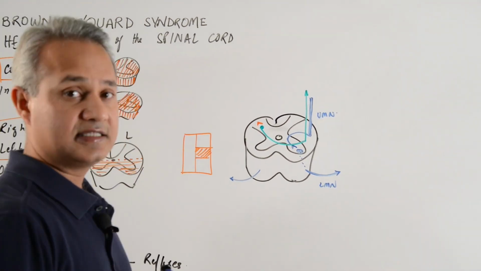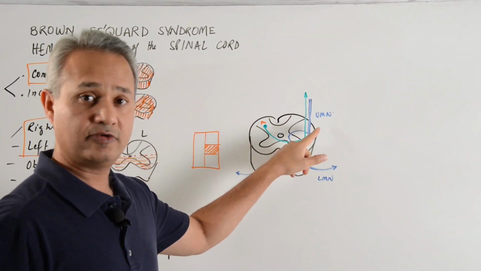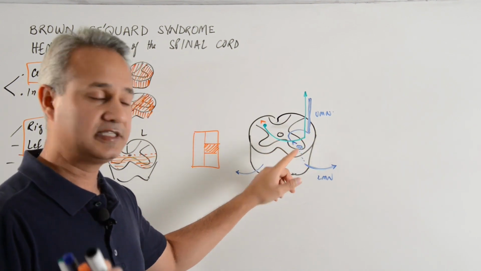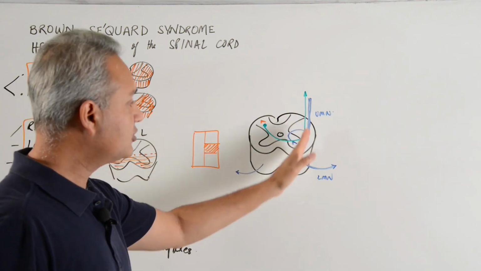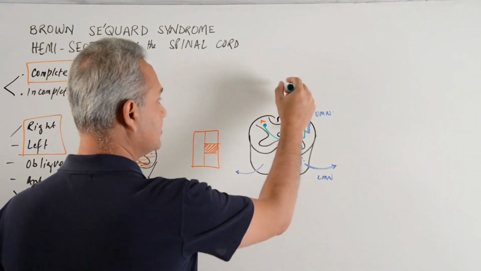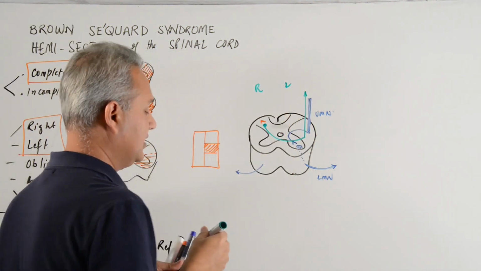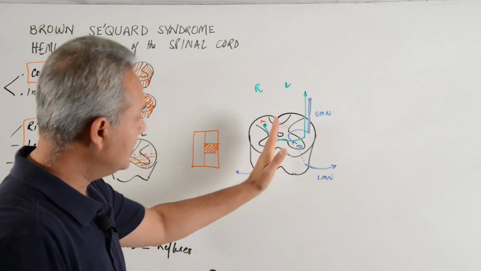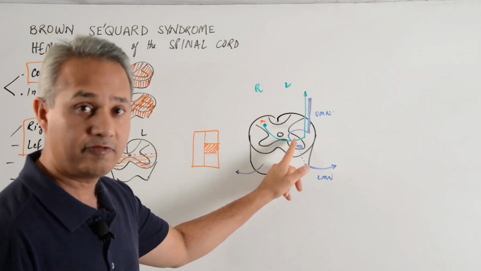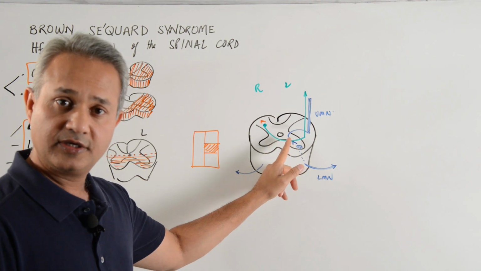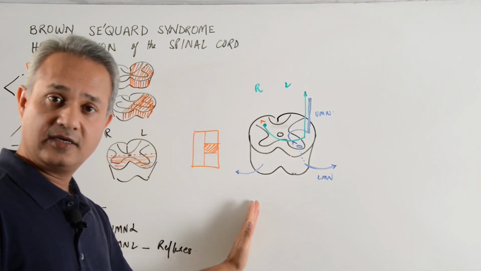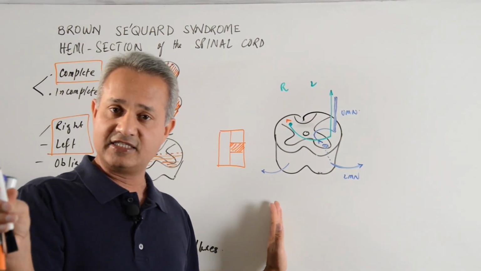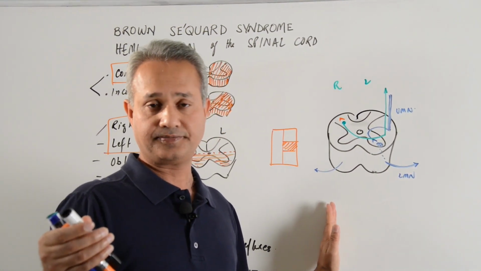What is the significance of this crossover? The significance is going to be very simple. If there is a section on this left side, so let's say this is the left side and this is the right side. If there is a section on the left side, then this crossing over fibers will be destroyed. But the sensation is coming from the right side. So contralateral sensory problem will occur.